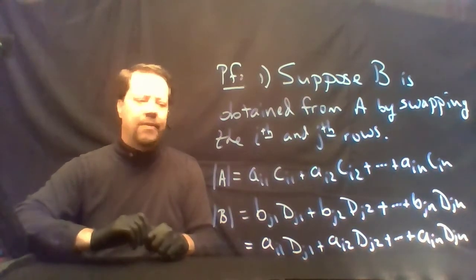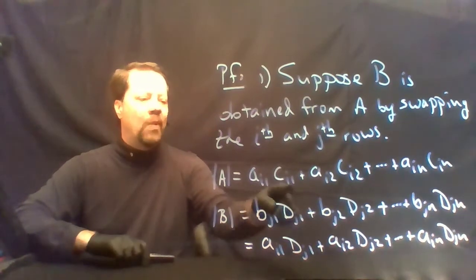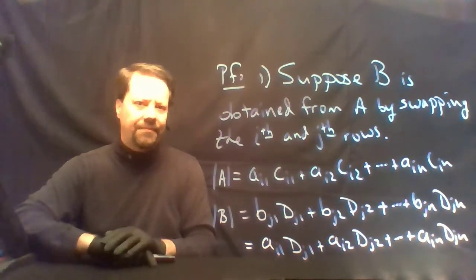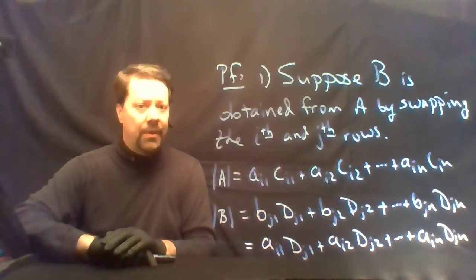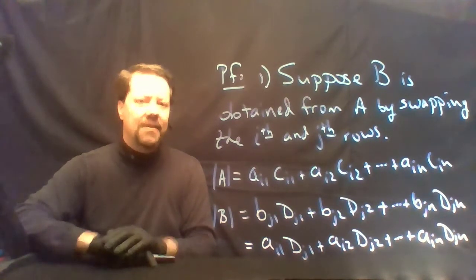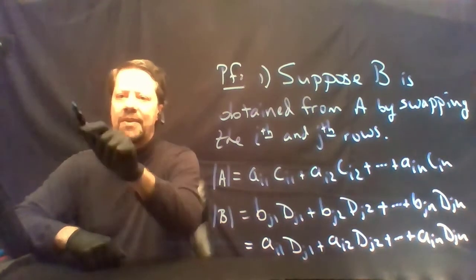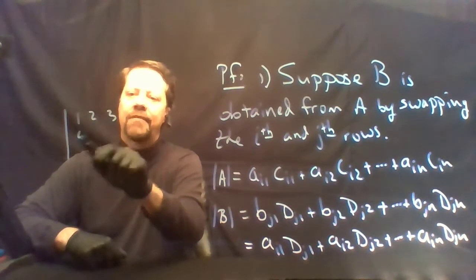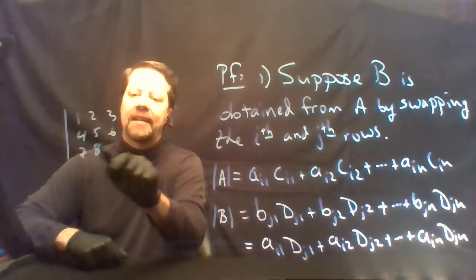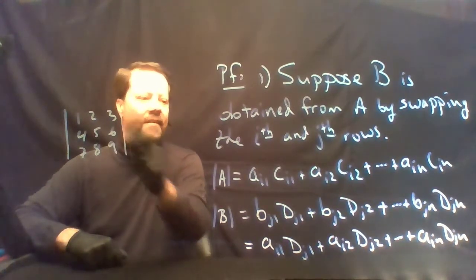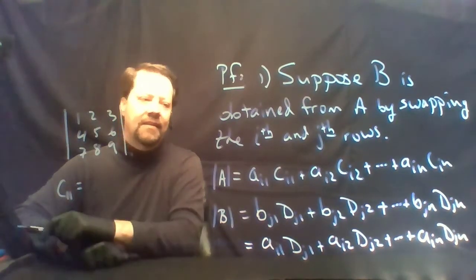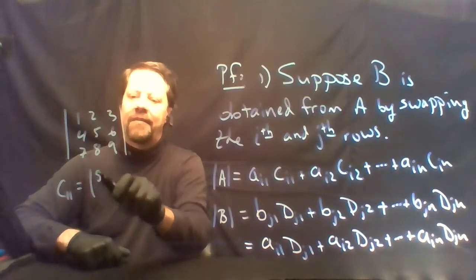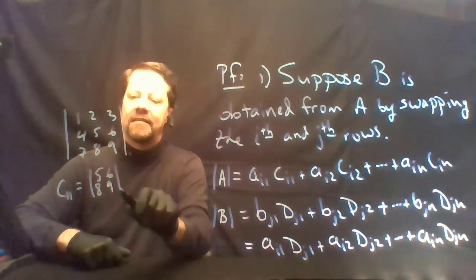But think about the relationship between Ci1 and dj1. They're the same, except perhaps for a rearrangement of the rows. That's the only difference. Let me give you an example. Suppose I have the matrix 1, 2, 3, 4, 5, 6, 7, 8, 9. Think about the cofactor C11. Well, that's just 5, 6, 8, 9.